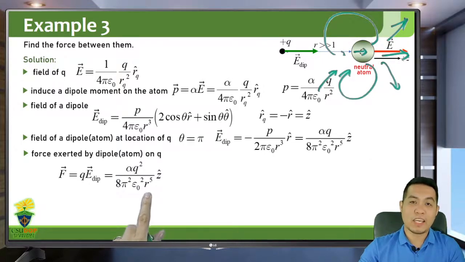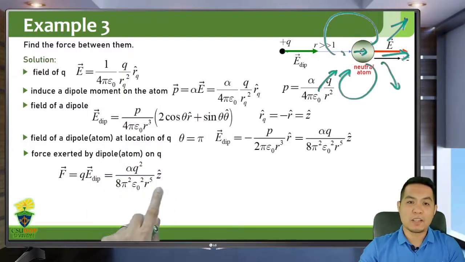And this is now the force exerted by the dipole on the point charge. If you try to solve the force exerted by the point charge on the dipole, or on the atom, you will get a similar result, but the direction will be negative. So take note, Newton's third law of motion applies here.